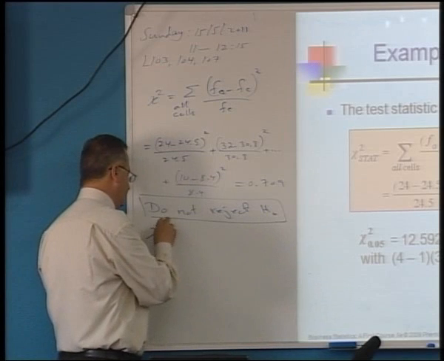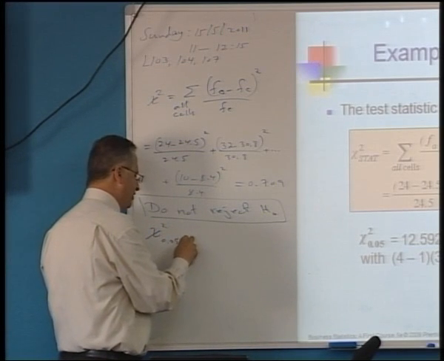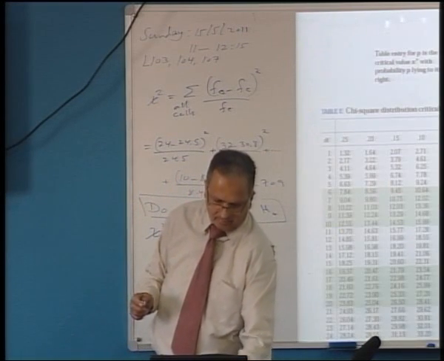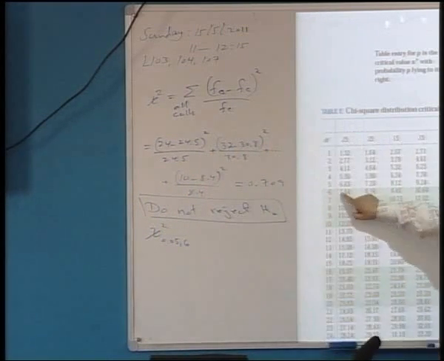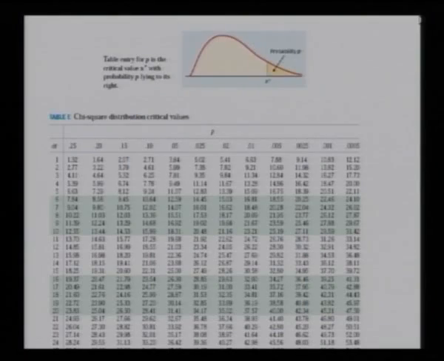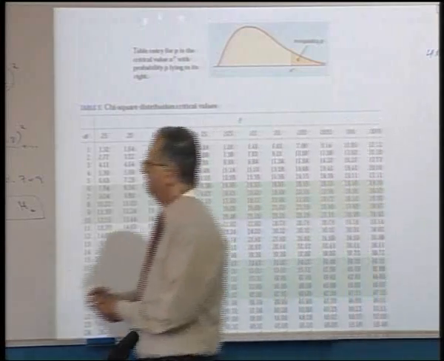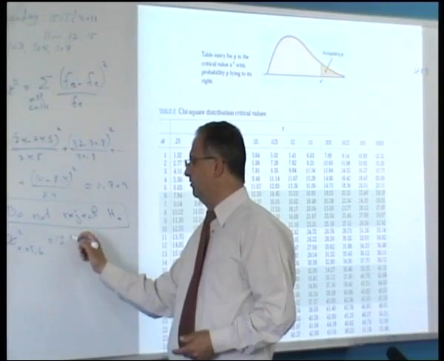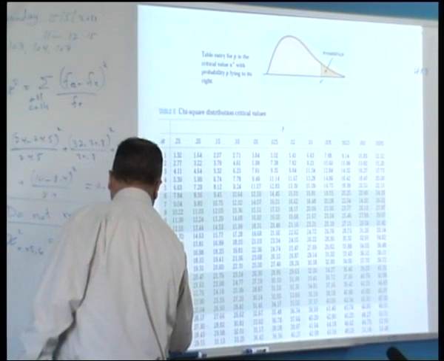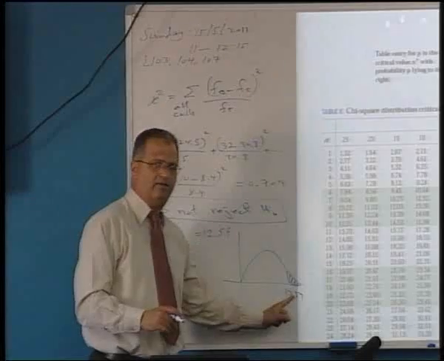Now, by looking at chi-square at 5% with 6 degrees of freedom, using the chi-square table, the minimum critical value is 7.84, but under 5% it is 12.59. So the critical value is 12.59, and my rejection region is above this value.